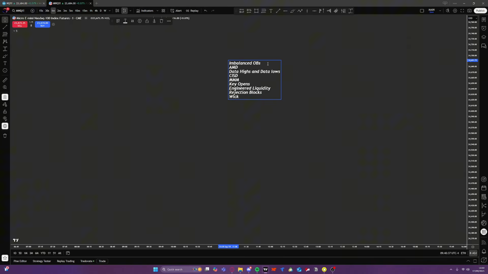After rejection blocks, wick theory, because this will tie in a lot of what we've just talked about into wick theory. This is a model. Except for market maker model and wick theory, these are all just confluences, I guess. I don't really know what to call them. And then entry setups.